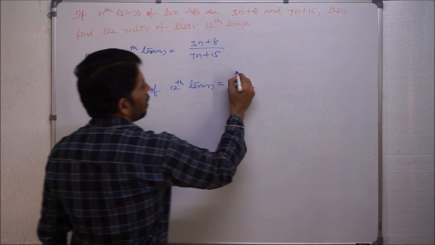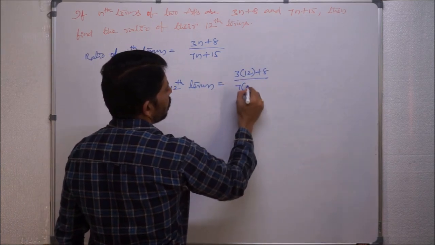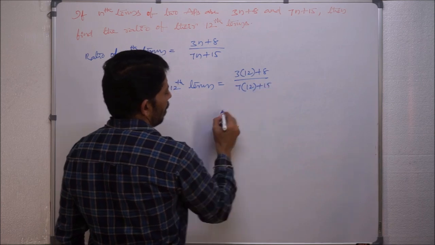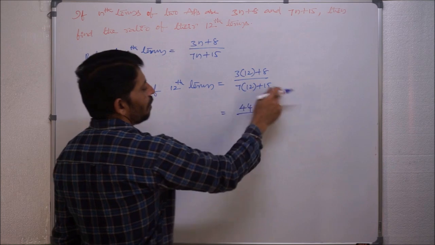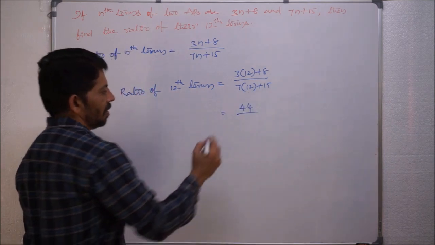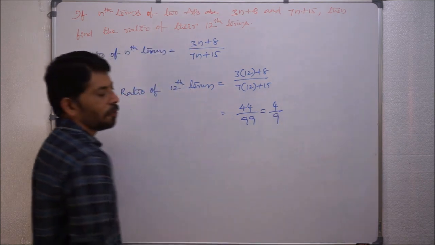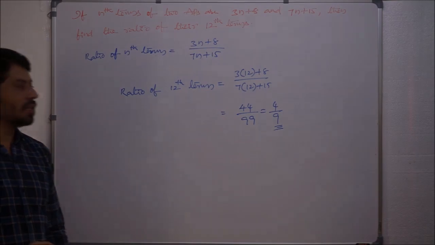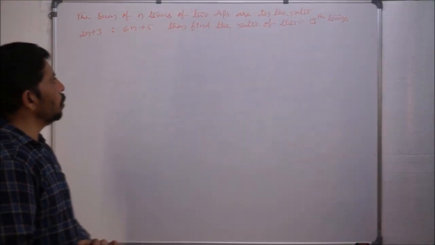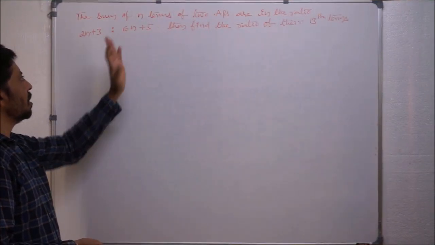So there is 3 into 12 plus 8 by 7 into 12 plus 15, that is 36 plus 8, 44, by 84 plus 15, 99. 11 fours are 44, 11 nines are 99. Therefore the ratio of their 12th terms is 4:9.